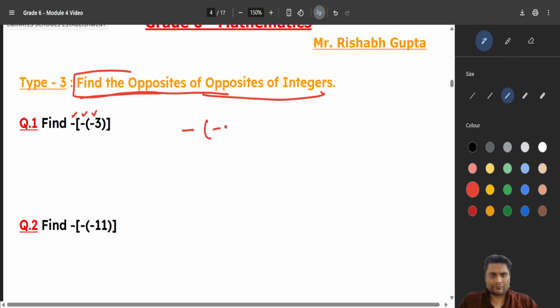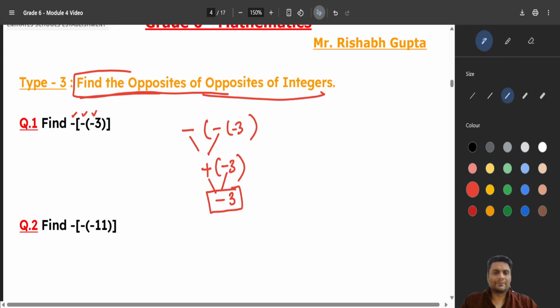So here first take the first 2 negatives. These 2 signs are same or different? They are same sign. Same means positive. Then I have here negative 3 also. Take these 2 signs now. They are different. Different means negative. So negative 3.